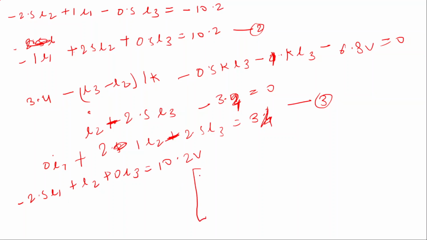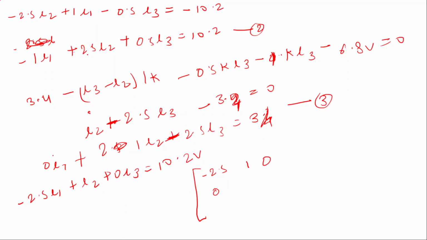You can choose any equation as first, 1, 2, 3. You will get the corresponding elements. So in the first equation, this is minus 2.5, the coefficient of I1, the coefficient of I2 is 1 and the coefficient of I3 is 0.